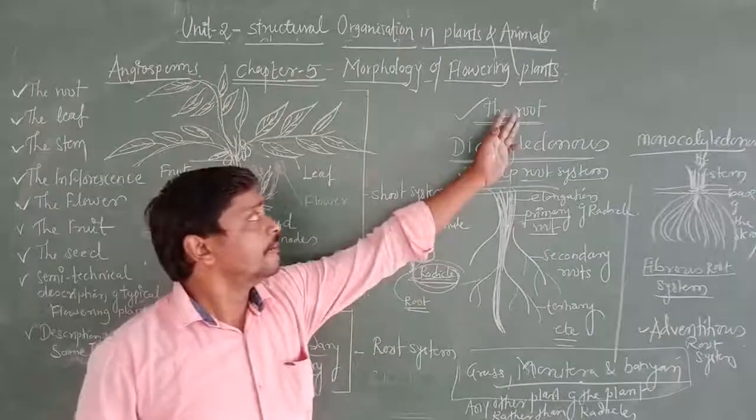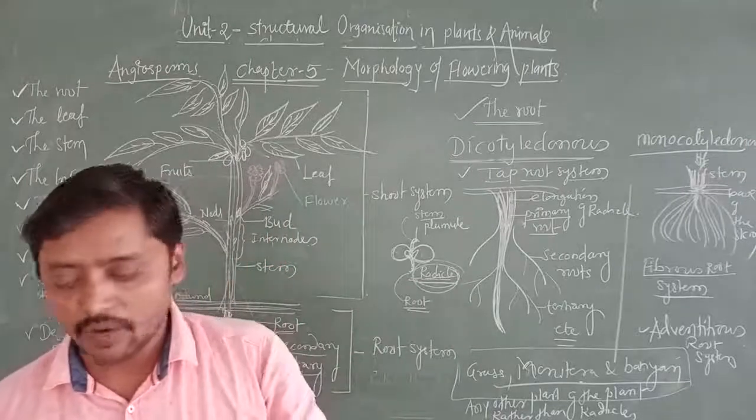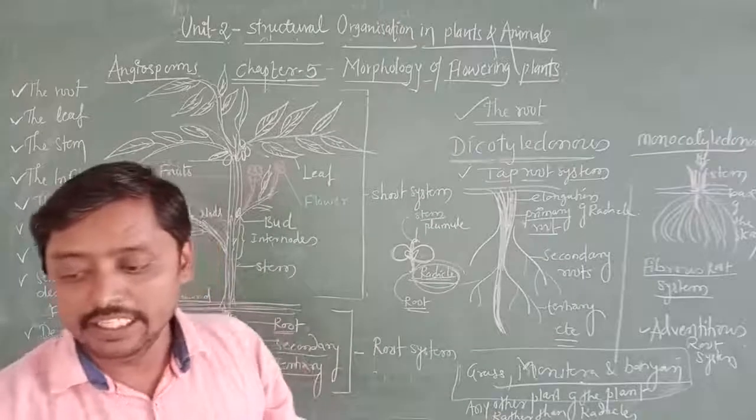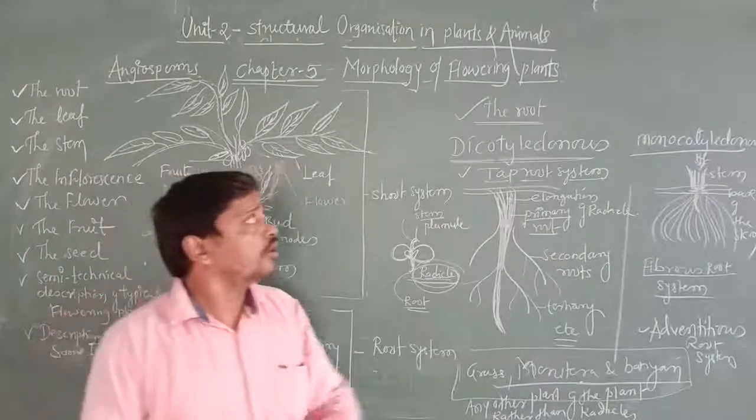In the sense, the main function of the root is to absorb water and minerals and give support to the plant by anchoring into the soil. This is about the root.